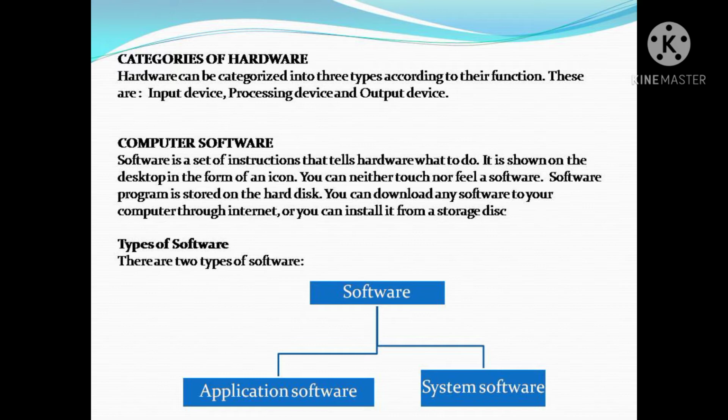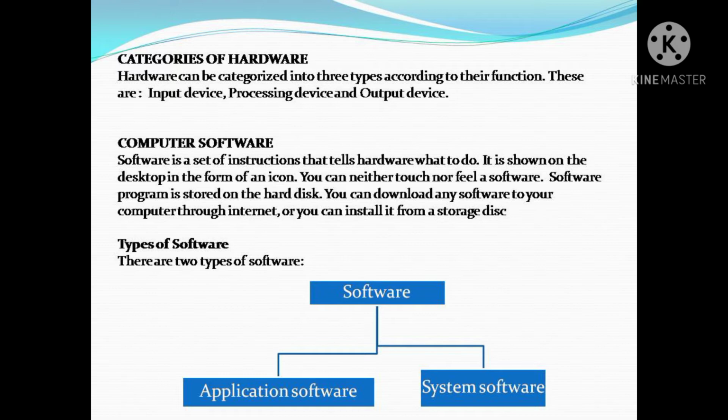Some software, if I tell you to download, you can download it from the internet also. This year we will be doing that. I will show you how to install it, or you can store it on your storage device, a hard disk, and then install it.